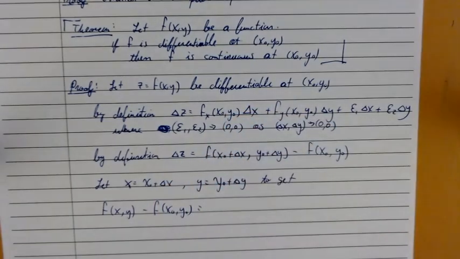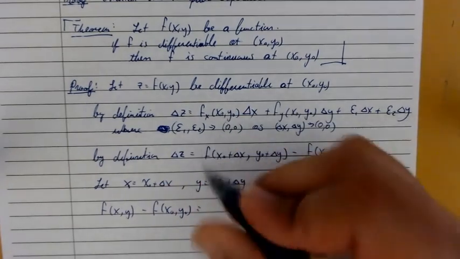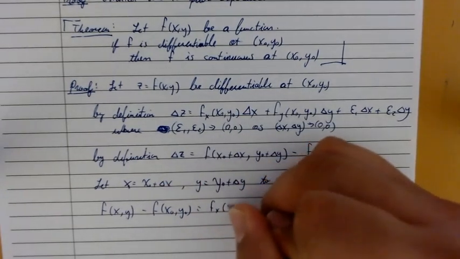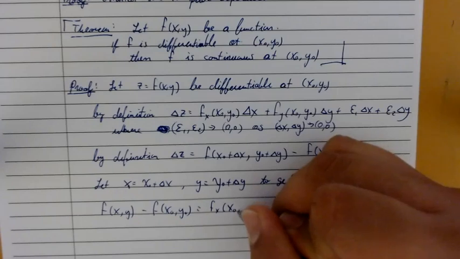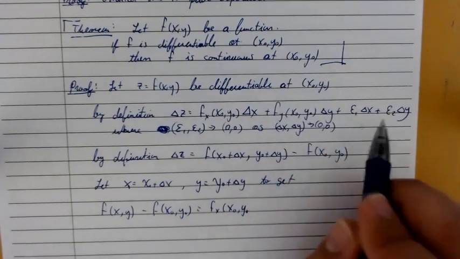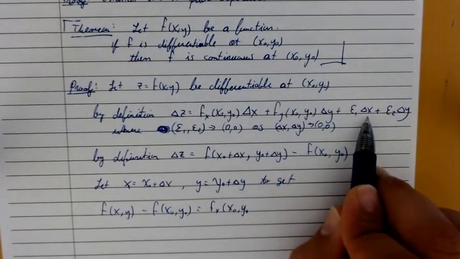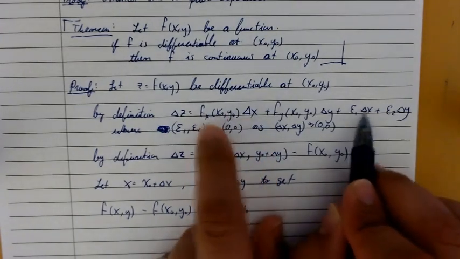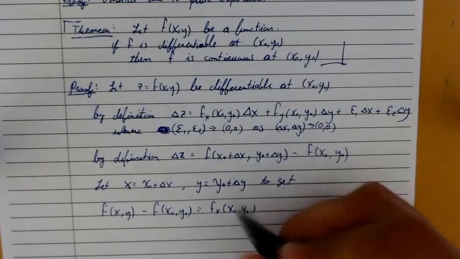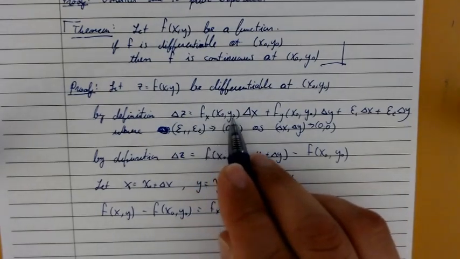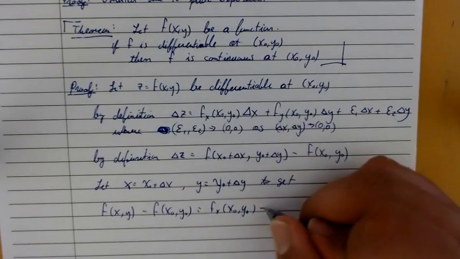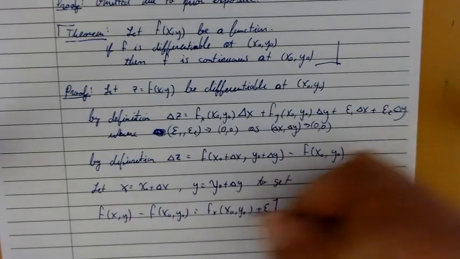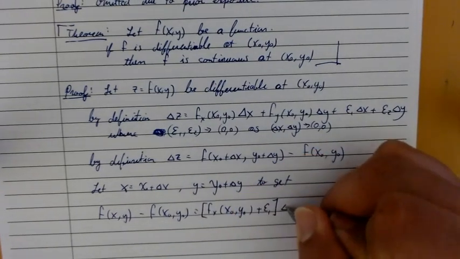equals all the stuff on the other side, which is f sub x at x naught, comma, y naught. Here I notice that I have this term and this term both have a common factor of delta x. So let me put these together. I'm going to write this as f sub x of x naught comma y naught plus epsilon 1 times delta x.